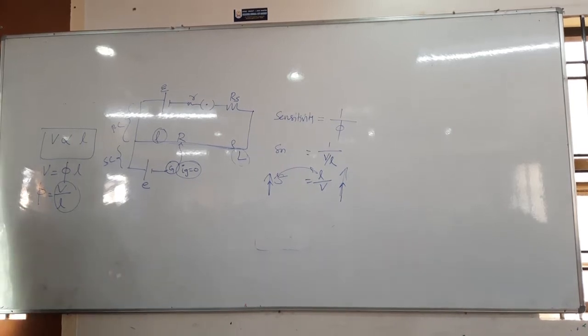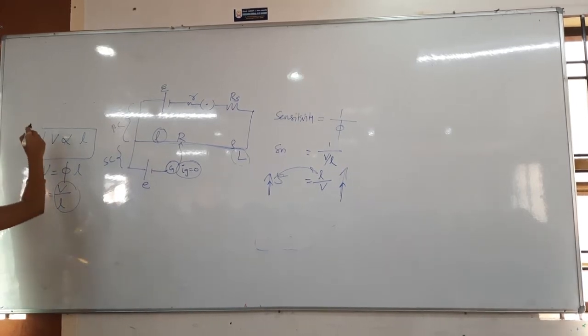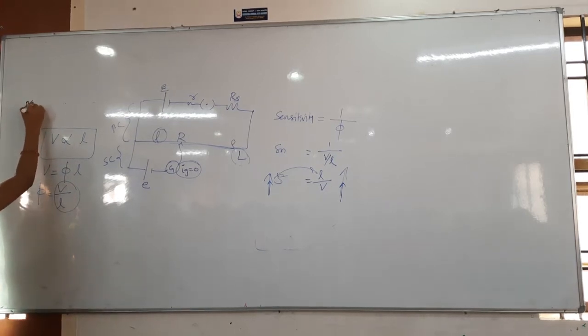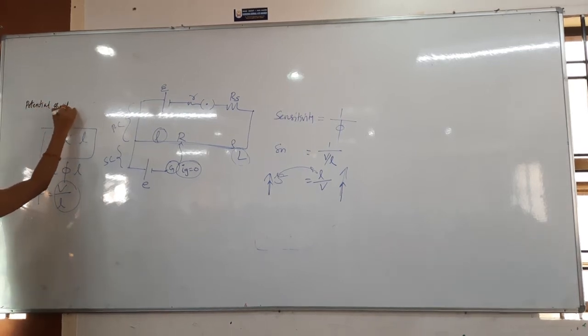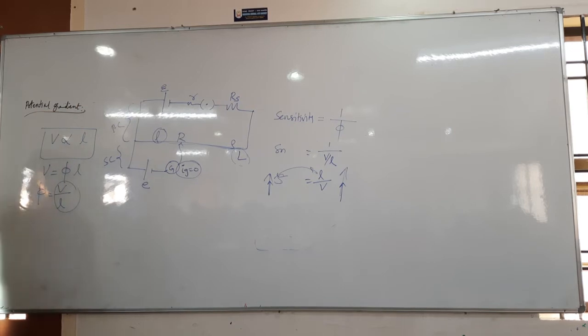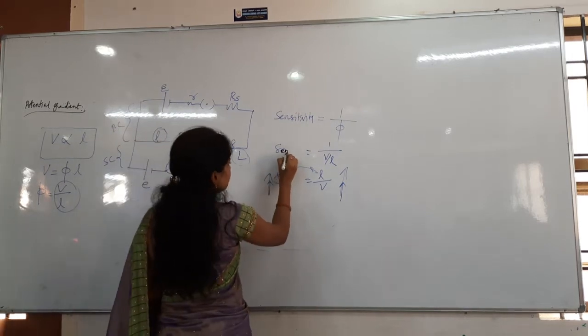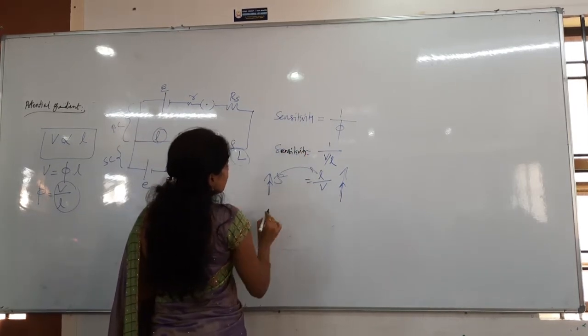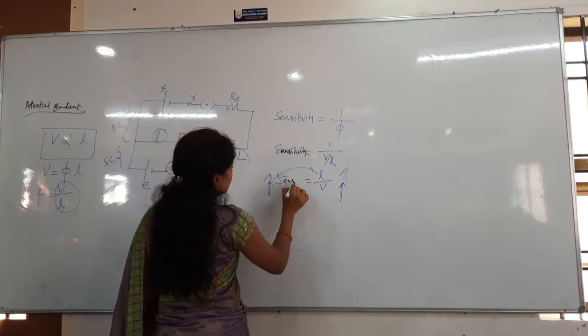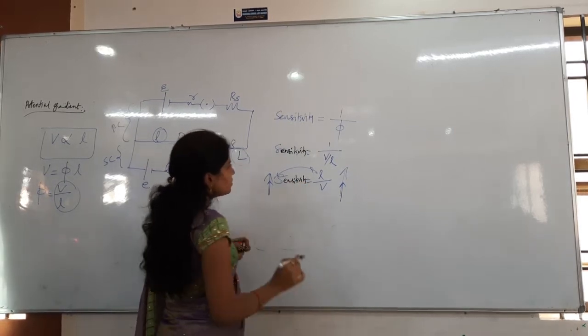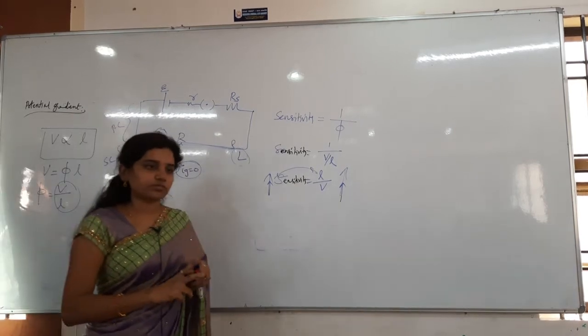Use it to measure the potential. Potentiometer preferred over voltmeter because, what is the reason?